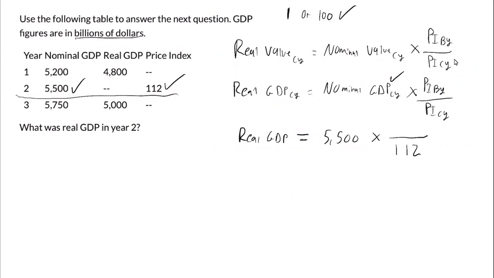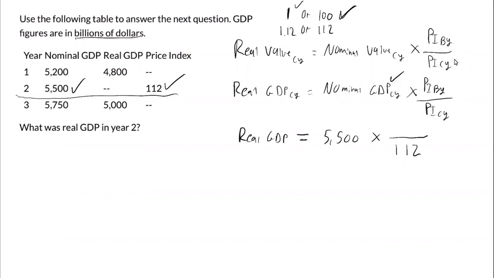I want to caution you here. You want to make sure you're consistent with the type of price index. Either use 1 in decimals or in hundreds. What do I mean by that? Well, this 112 is in hundreds. It could also be written as 1.12.